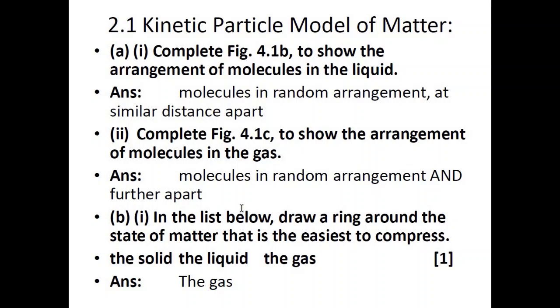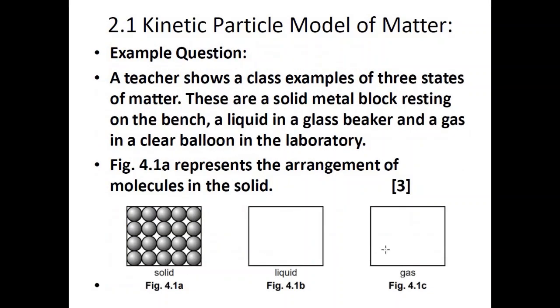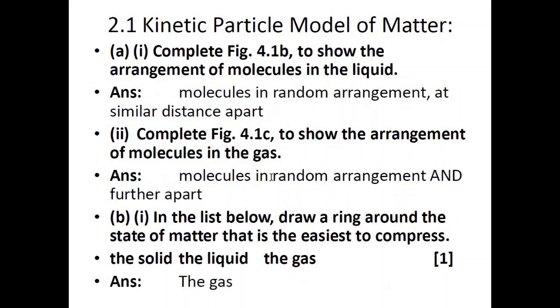Complete 4.1c to show the arrangement in a gas. For a gas the position should be extremely random. The particles should be very far away from each other. One particle over here, one over here, one over here, one over here, one over here, at random positions.